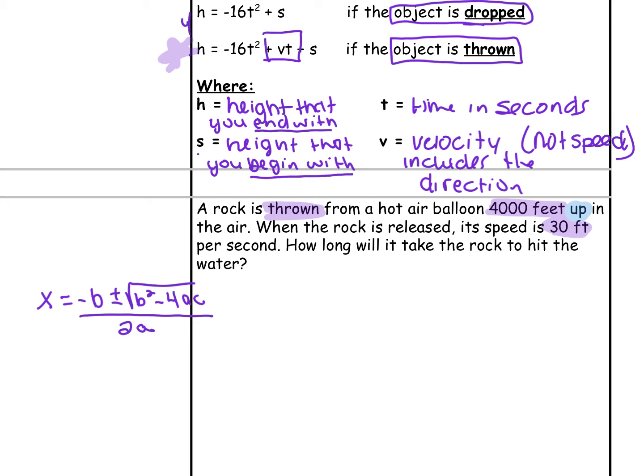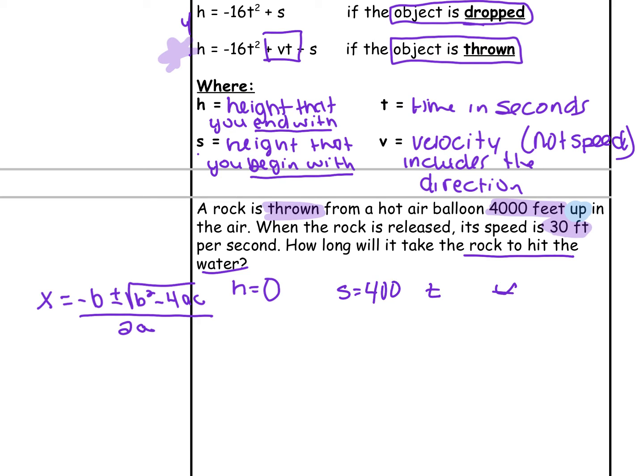So right now we have, if we are looking for our H and our S and our T and our V. H, we want to know when it hits the water. So when it gets to the end, that's going to be 0. Okay, our S, this is where we begin.